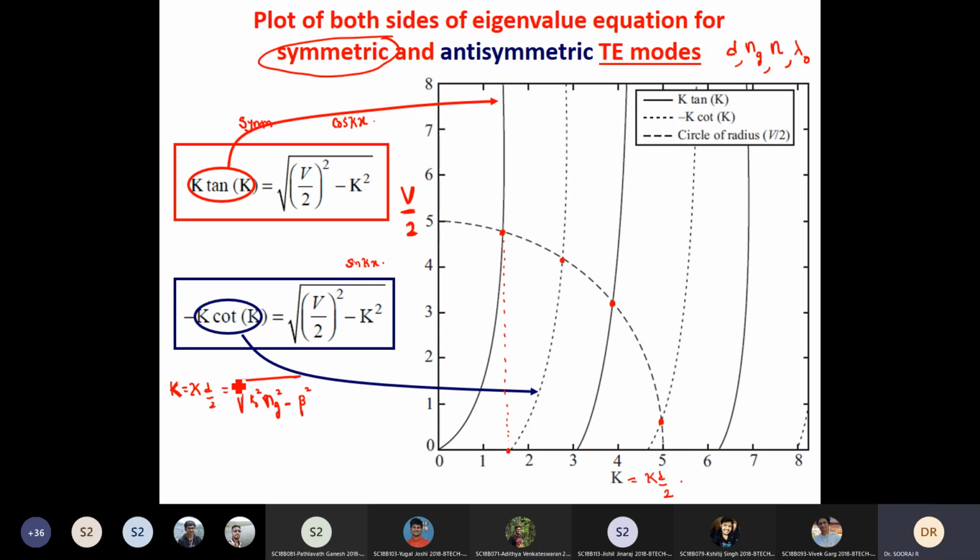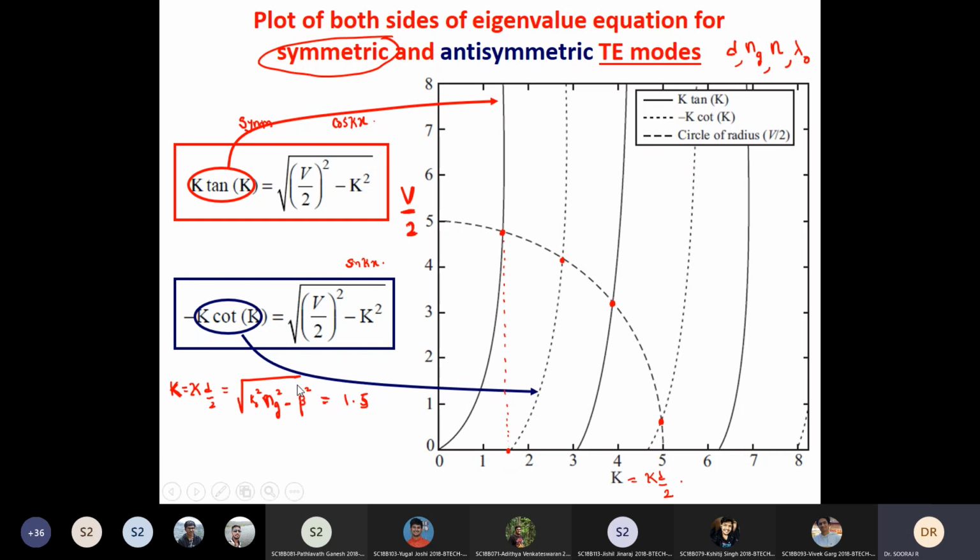So this is the value of capital K, and you will get this value. How do you get this value? Because you can extrapolate. So let's say this value is going to be, let's say 1.5. I'm just giving you an example. So I'm getting this value as 1.5.